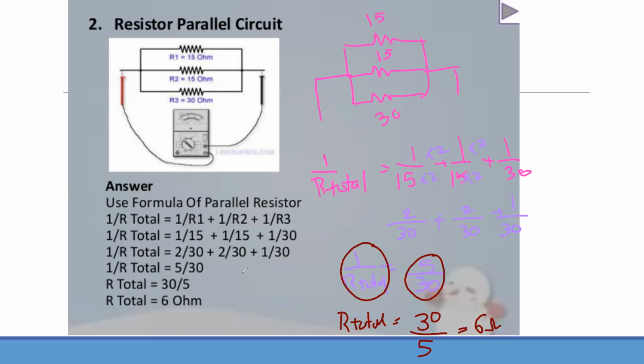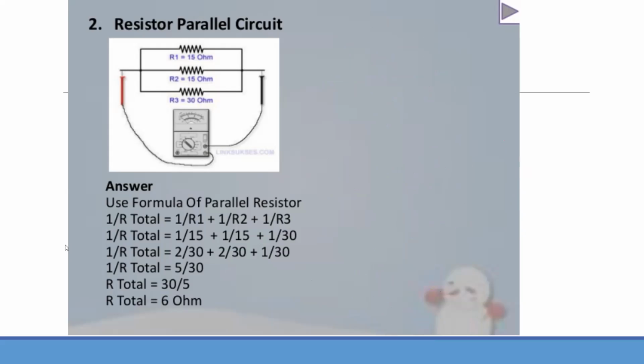You have to write the reciprocal of 5 over 30, which is 30 over 5. So the R total here is 6 ohm. Now, is it clear? Yes, teacher.